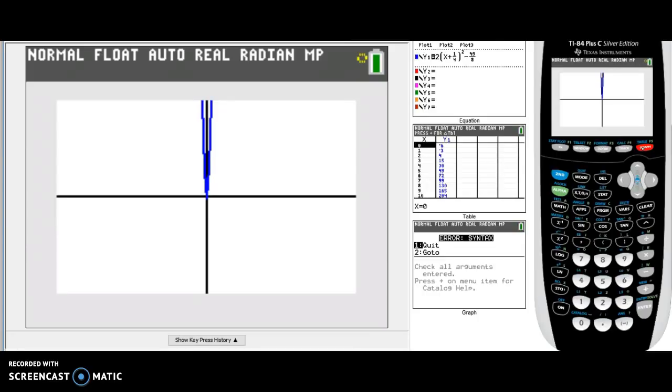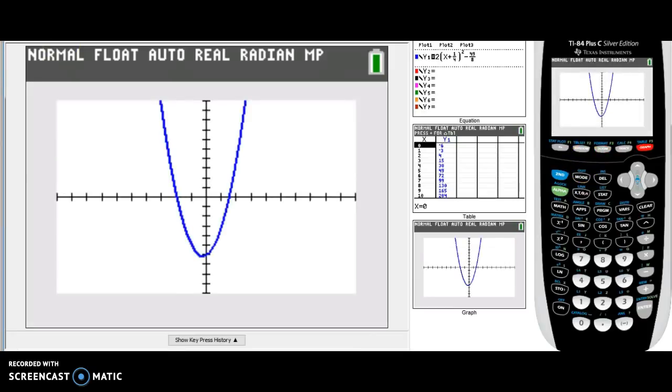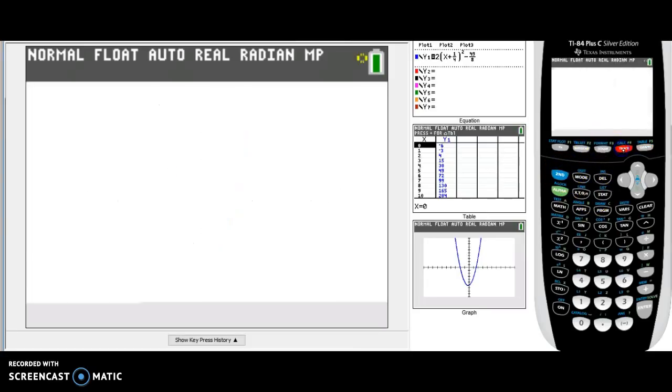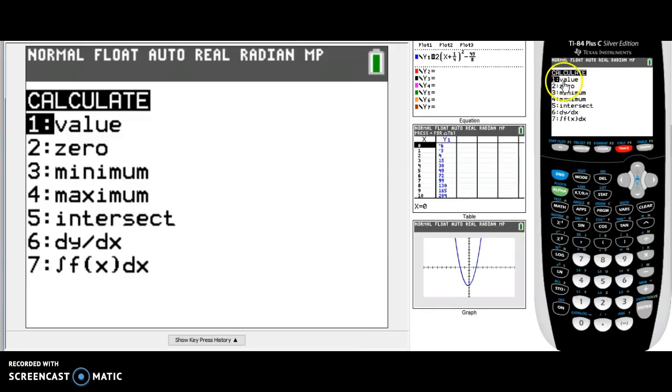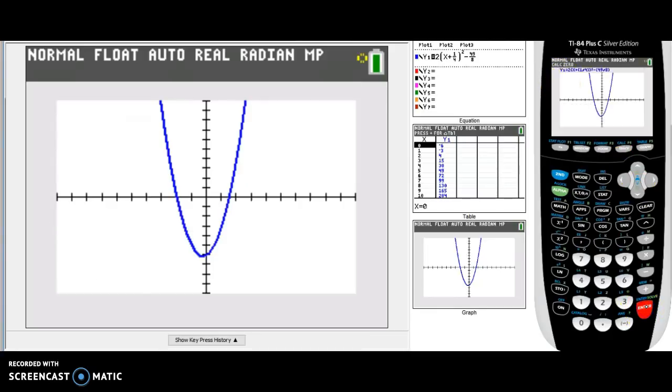There's the graph. Well, my graph is not necessarily in standard form. So here's the graph. This is how we find the x-intercepts. You're going to go second, trace. You're going to see here it says values and 0. I'm going to scroll down to 0 because that's where I want to know what my x-intercepts are.